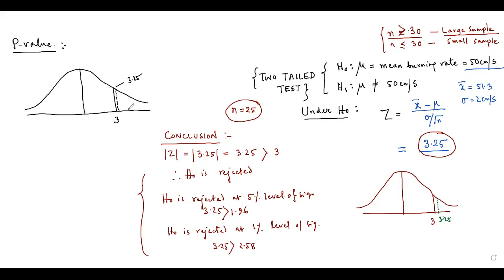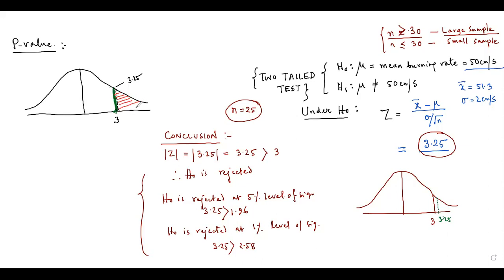Now, on the basis of the sample you have come across, this value 3.25 has come out. And this boundary is giving you a critical value. This is the boundary between the acceptance region and the rejection region. This region is the rejection region, you already know.